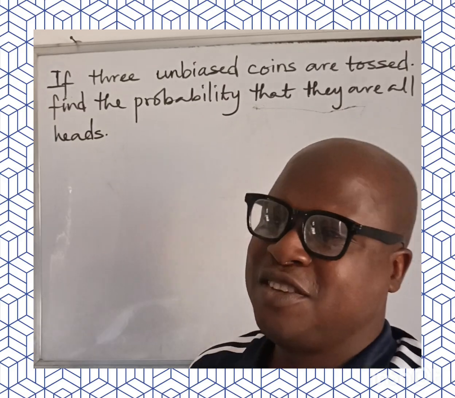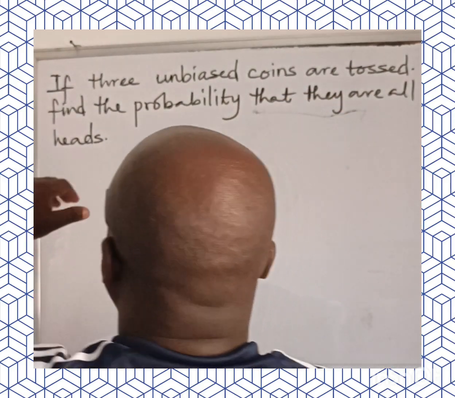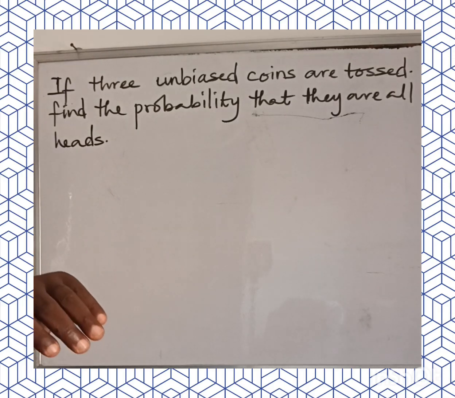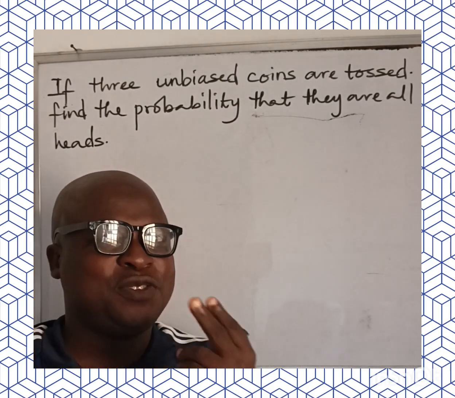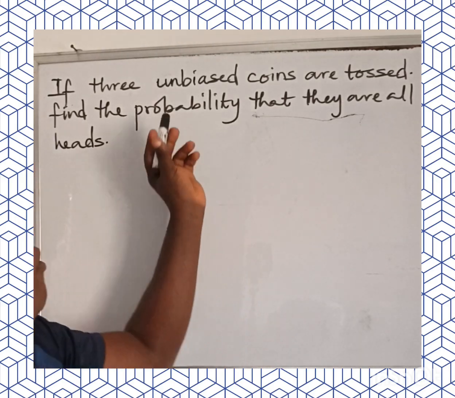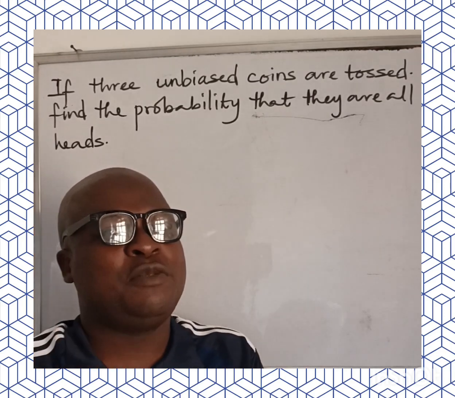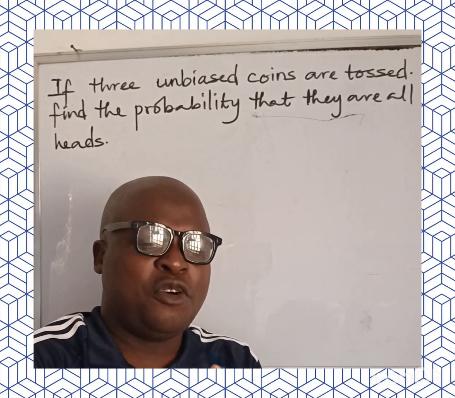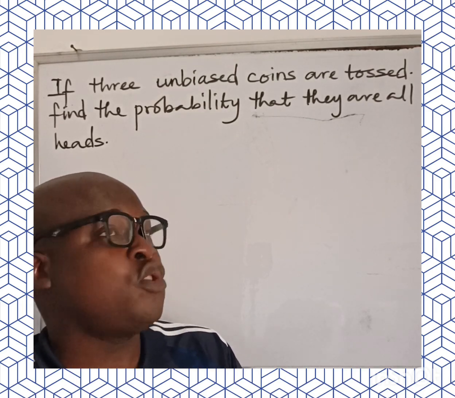We have another simple question on probability. We are given that three unbiased coins are tossed. Unbiased, a coin has two sides: we have the head and we have the tail. Unbiased means fair. So unbiased means the probability of obtaining either side of the coin is the same, is equal.